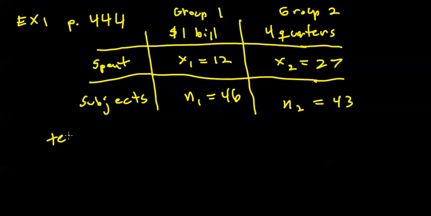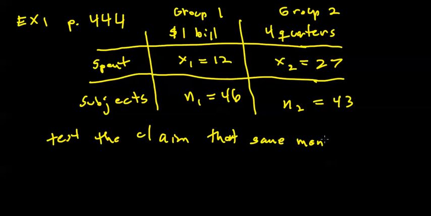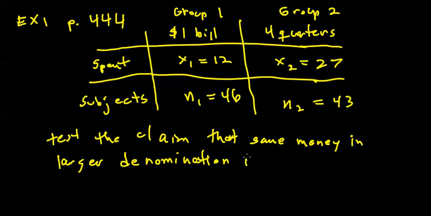Alright, so we're going to, again, test the claim that the same money in a larger denomination, namely the $1 bill, is less likely to be spent.